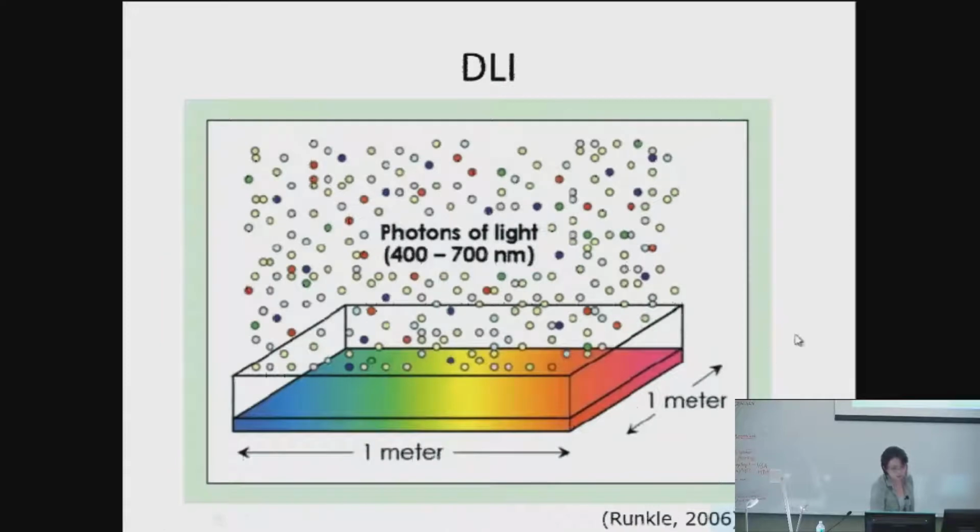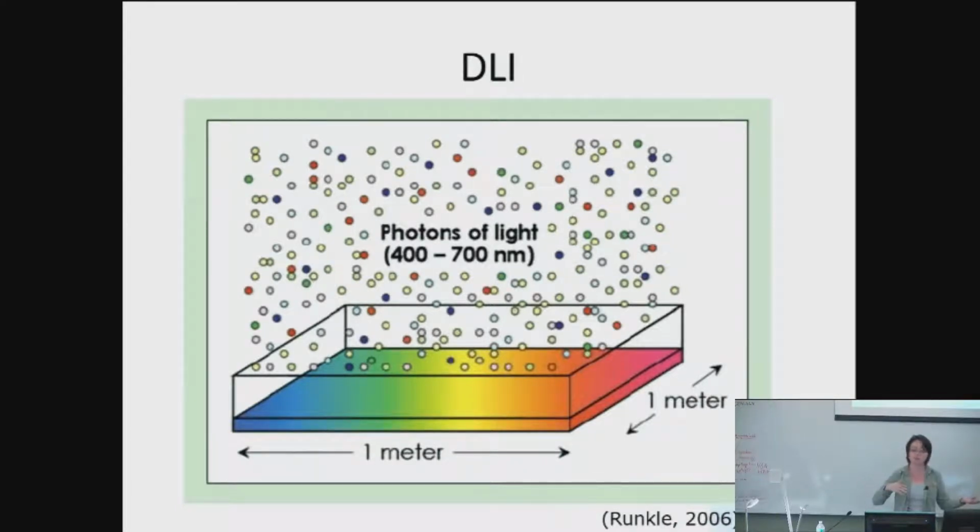So DLI is, again, a cumulative value. It's almost like a rain gauge. And this is exactly explained in one of the reading articles you have in the Monday lecture, under the Monday lecture D2L module. Basically you want to measure all the photons with wavelengths of 400 to 700, because that is photosynthetically active radiation.